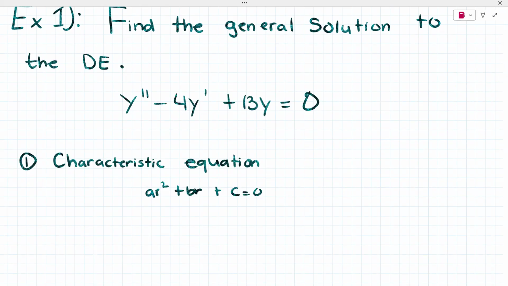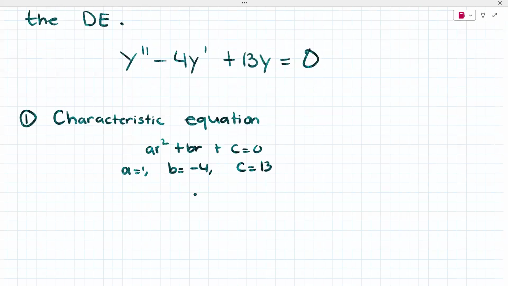Let's figure out our a, b, and c. Our a looks like it's going to be 1. My b is going to be -4. And my c is going to be 13, right? And then just put it in r. So it's going to be r squared minus 4r plus 13 equals 0.